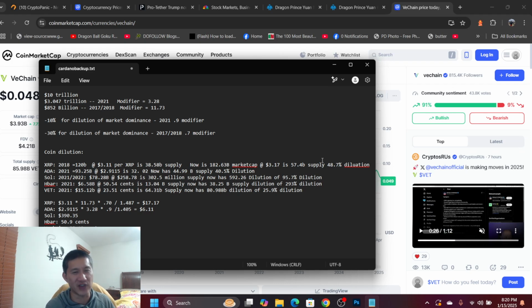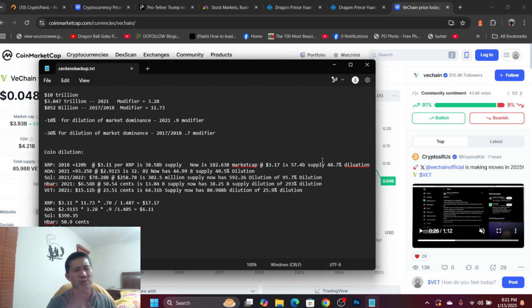0.9 I think is fine for 2021 because all the big stable coins had already been established, and many of the coins in the top 10 were already there as well, or had their first peak during that market. Now, why only 0.9 and 0.7? There are 10,000 coins now versus a couple of hundred back then. Shouldn't the modifier be more severe?